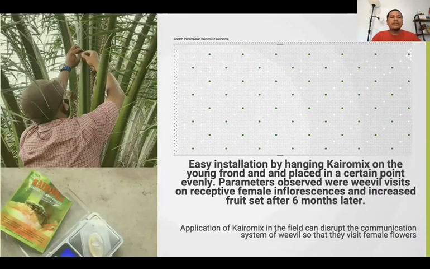The application in the field is very, very easy: by opening the sachet and hanging the Kairomix on a young frond and placing it at certain points evenly, like this map.